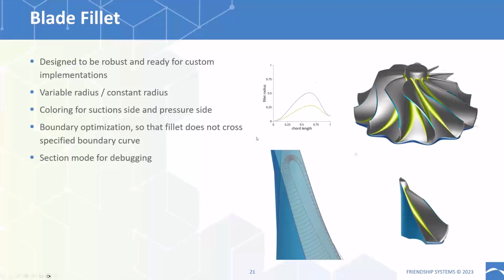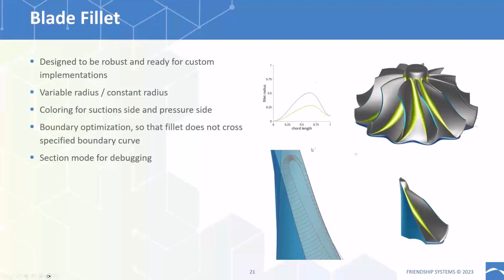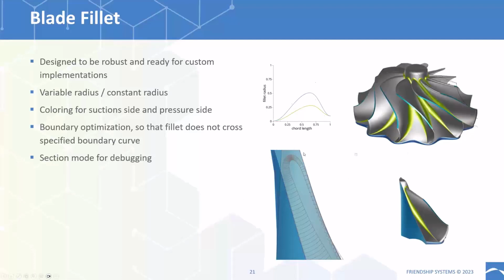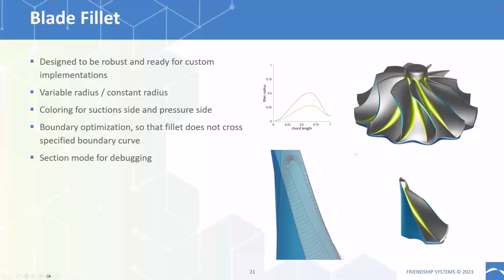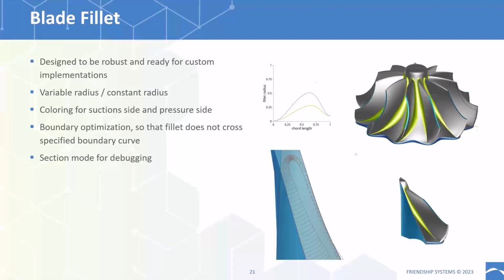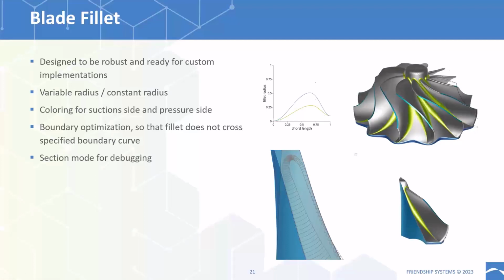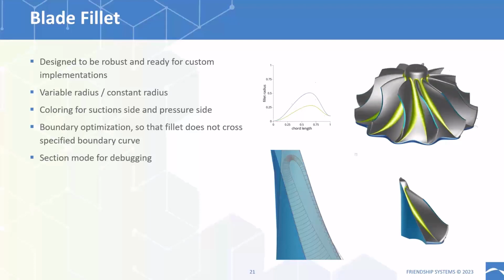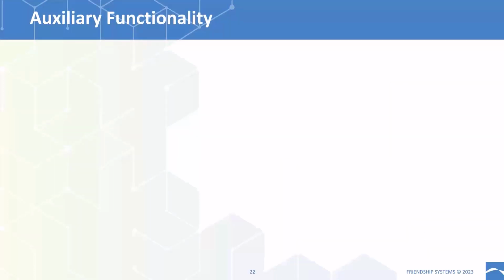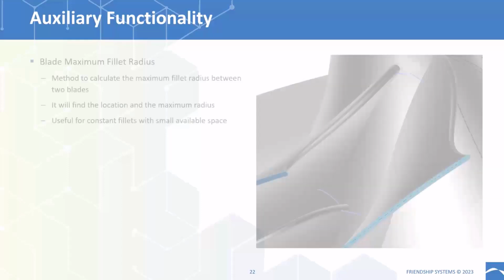And there are also things like a section mode for debugging, where you can really look at the individual sections of the fillet and see where something might go wrong, and quickly get an idea of how the fillet looks. There's also some auxiliary functionality that we have added.